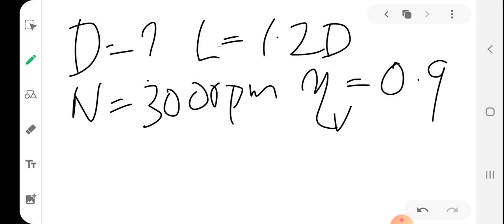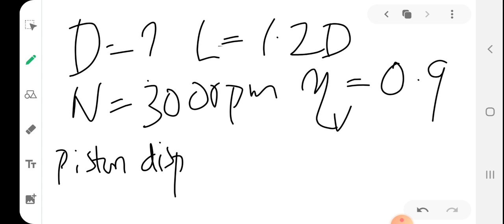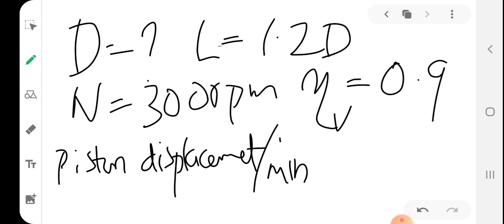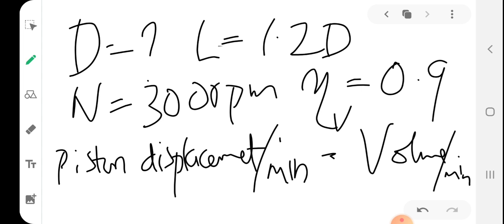Okay. So we know that theoretical suction volume or piston displacement per minute, how can you find the piston displacement? It is nothing but volume per minute. So volume can be found out using specific volume.